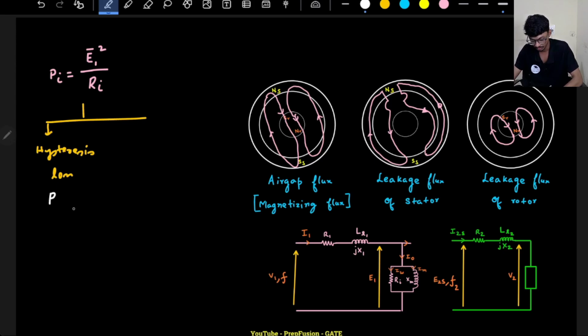If you remember, your hysteresis loss Ph is frequency dependent and flux density dependent. So it is Bm raised to power x and frequency dependent. Frequency of what? Frequency of the stator, because I have converted this circuit, inductance is also in the stator winding only. Okay, and what is the other loss? Other loss is the eddy current loss.